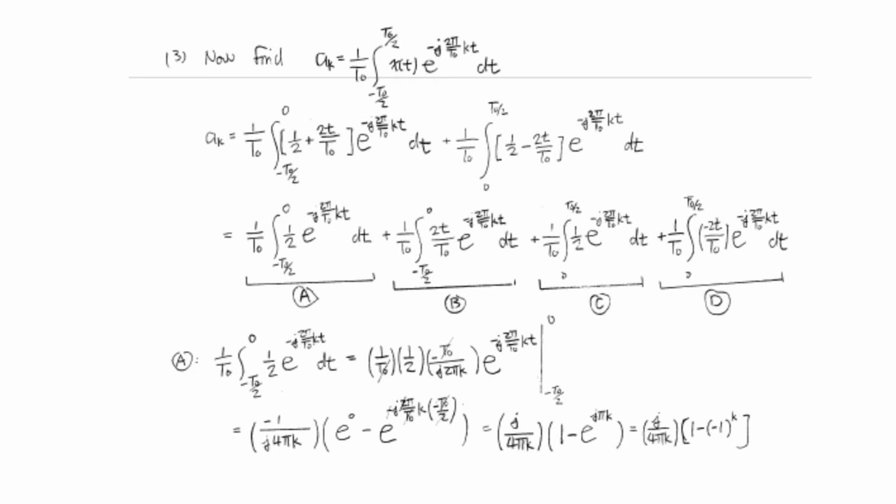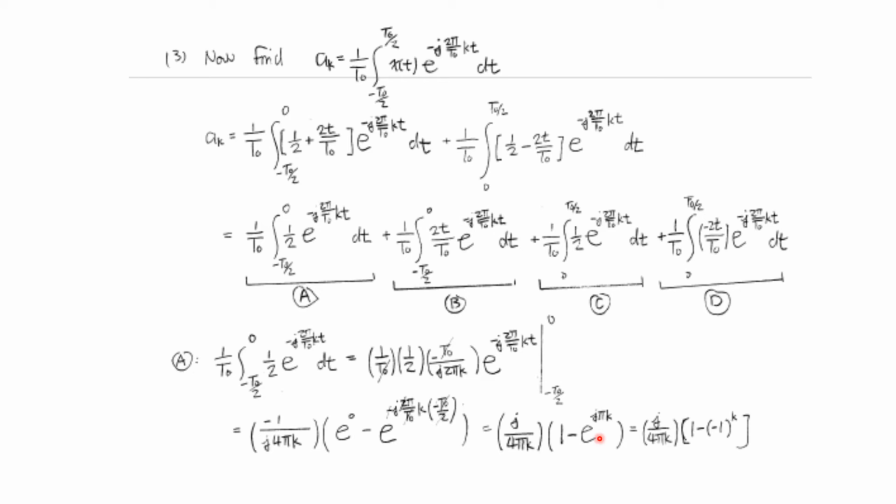And so one thing that I did here between these two steps is I have the j in the denominator, and remember 1 over j is equal to minus j. So I bring that j up to the numerator to cancel out this negative sign here. So now this term here is j over 4 pi k, and we have 1 minus e to the j pi k.